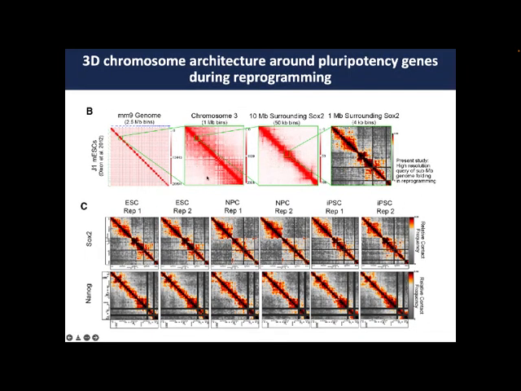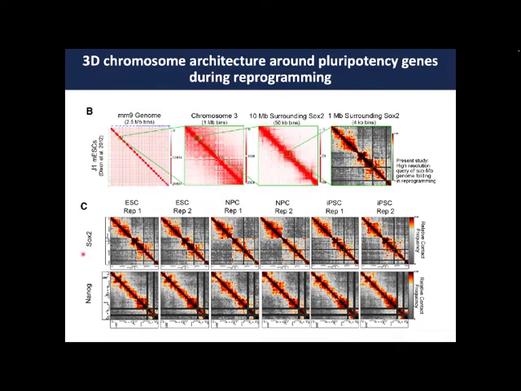Amplifying the Hi-C result, this is the whole genome result, and if we amplify one chromosome region, chromosome 3 is here, and amplified more, this 10 megabase pair region surrounds the SOX2 locus, which is an important pluripotency marker, and also 1 megabase surrounding, so it's very high resolution. Each bin represents 4 kilobase pairs, which is remarkably fine for Hi-C maps.